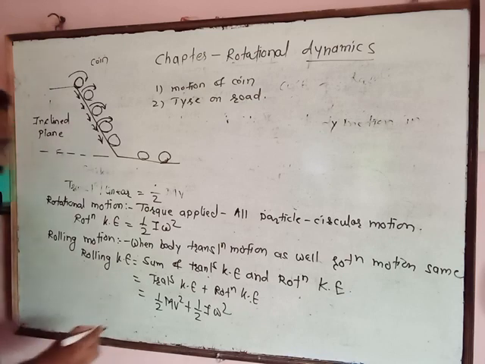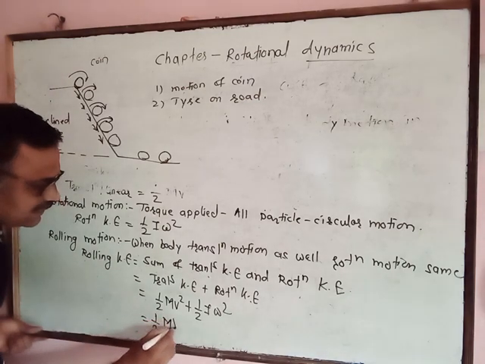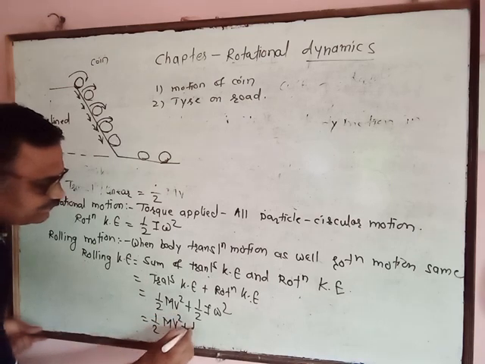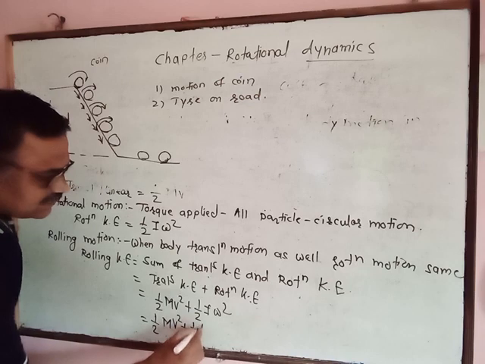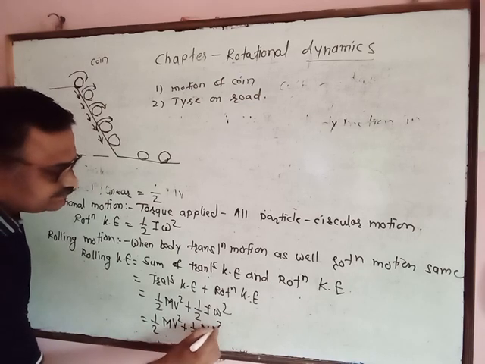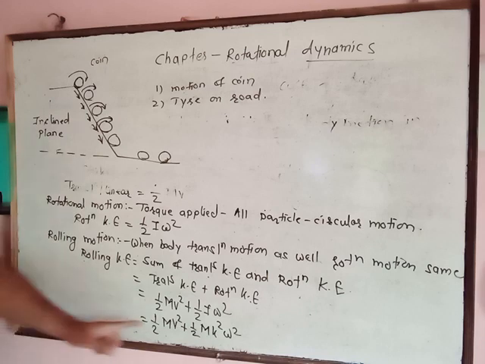Now if k is the radius of gyration, then this equation can be written with m k square. Therefore this is another expression for the rolling kinetic energy.